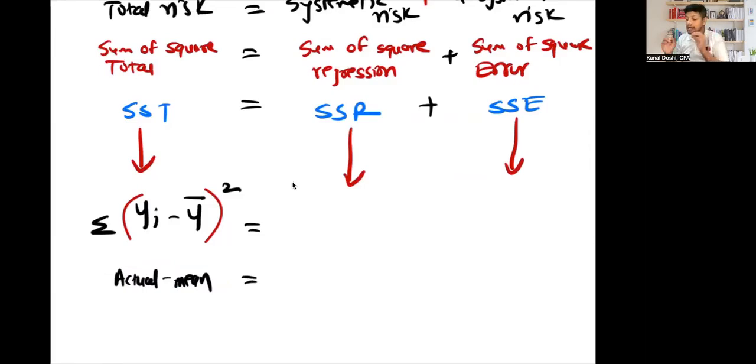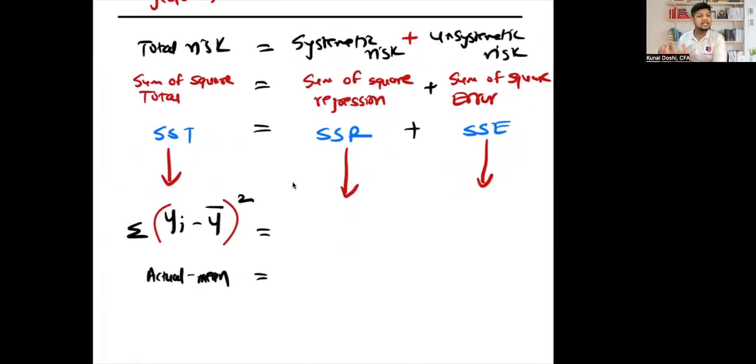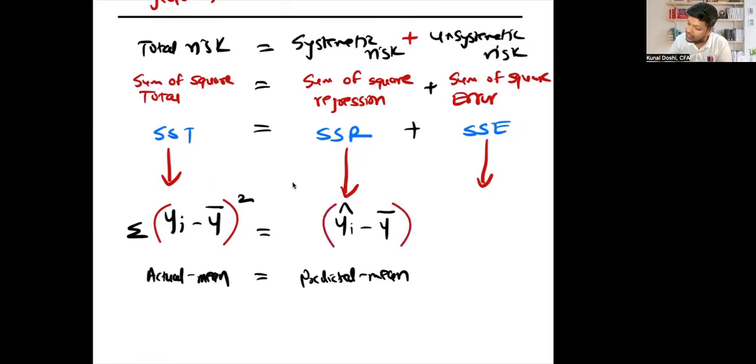What is this? This is a composite of the regression, which is explained, systematic risk, and the unexplained. The regression one is the difference between the predicted value and the mean. What is the predicted value? Remember I told you, it's with a hat. Minus the mean of Y. Again, it is squared because we are calculating the risk in square.